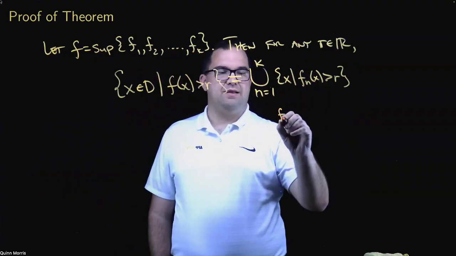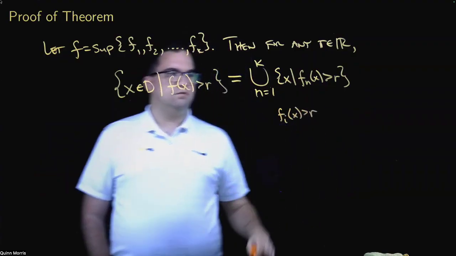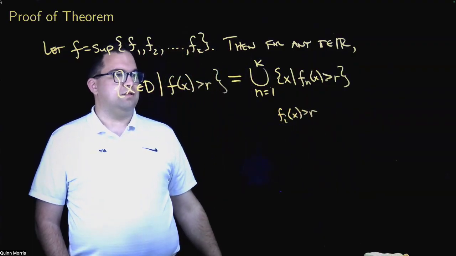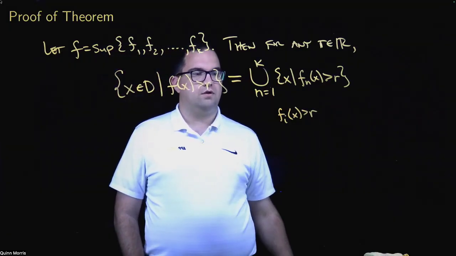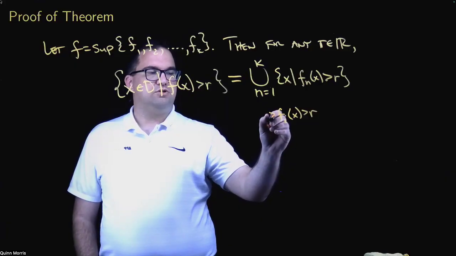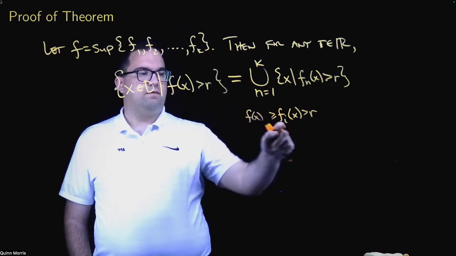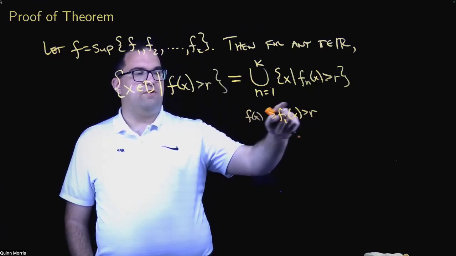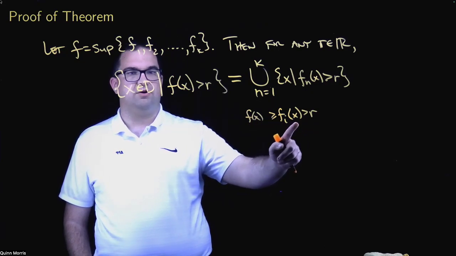So let's say that f sub i of x, if I'm in the union, then that means f sub i of x is greater than r. Well, if f sub i of x is greater than r, then certainly the supremum over all functions f must be greater than or equal to this particular one.